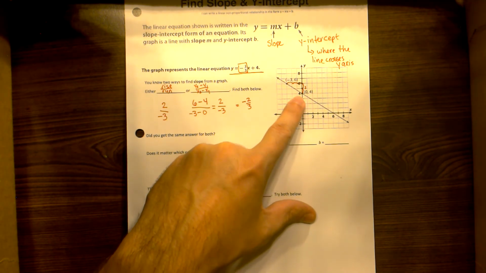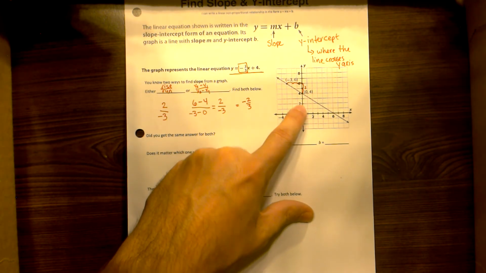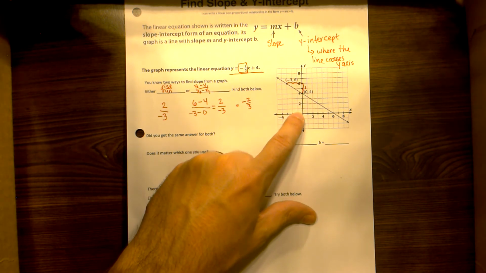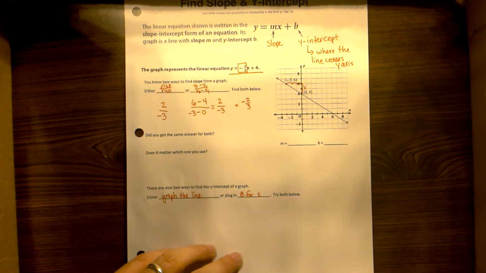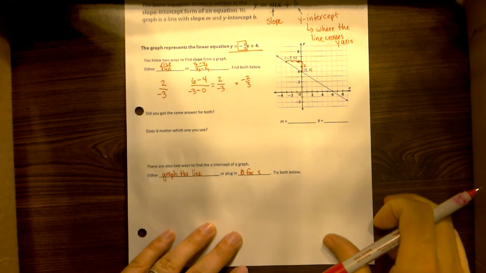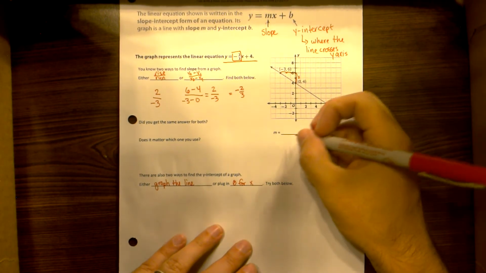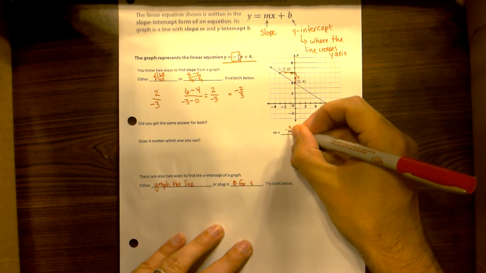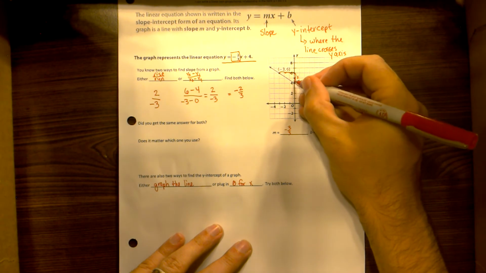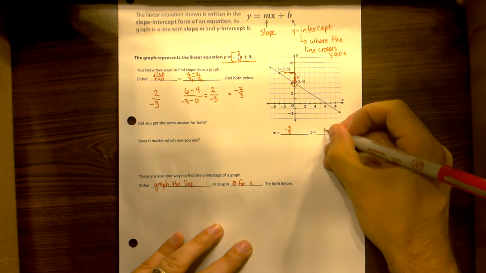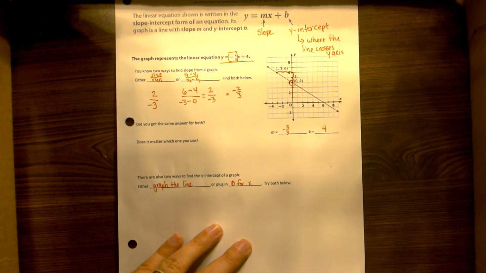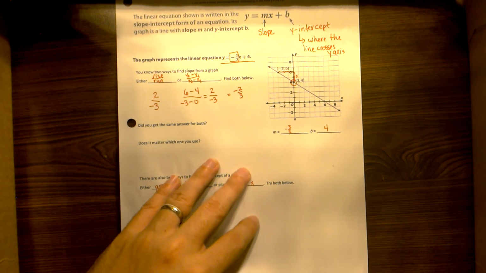And where that is, 0 is always going to be in the x spot. So that's an important idea for you. So for this line, m is negative 2/3. My y-intercept right here, b, is positive 4, because it's above 0.